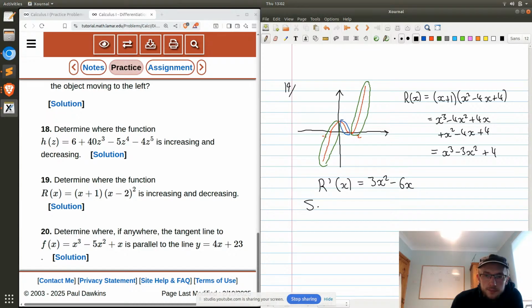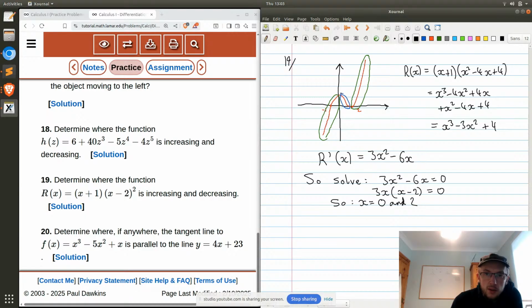So, to solve this, and we do, so the points that we care about are, think 0 and 2. All right, so that's actually okay. That's not actually bad.